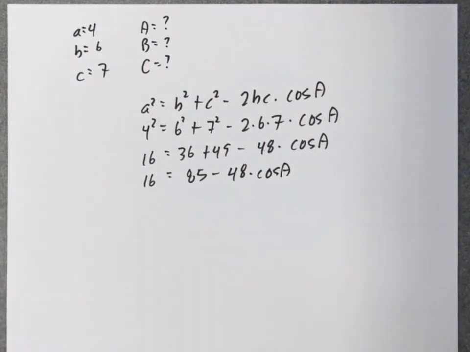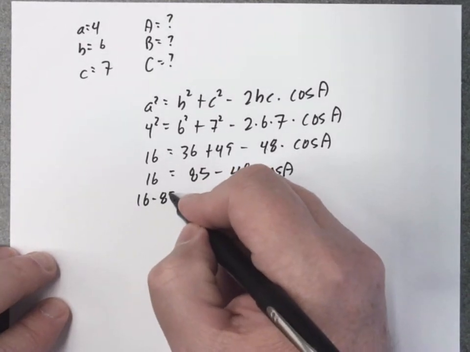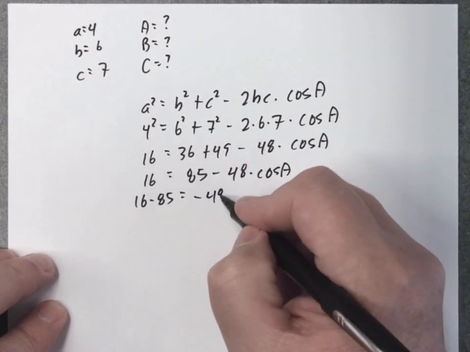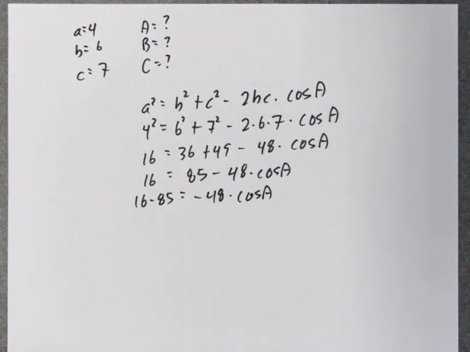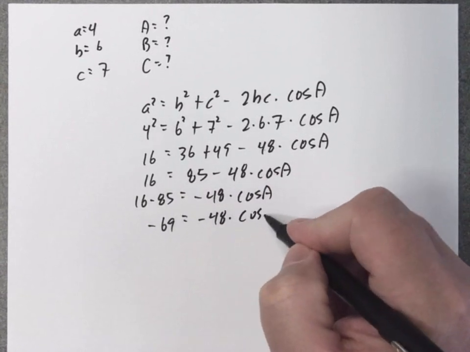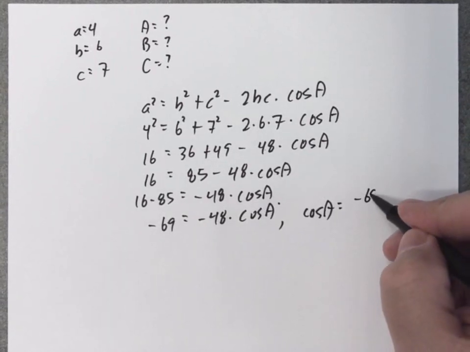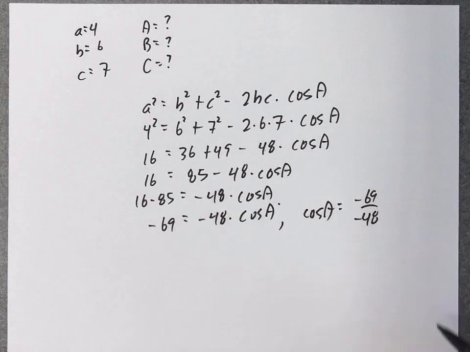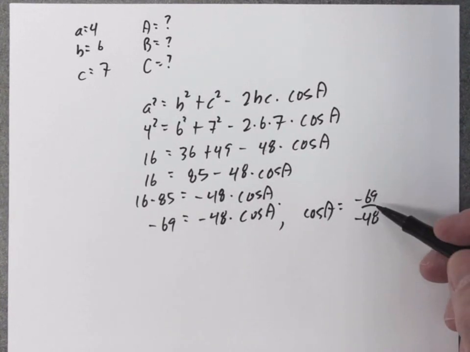Now subtract 85 from both sides. So 16 minus 85, negative 69. So now I solve for cosine of A. Negative 69 over negative 48. Now I'm going to check and make sure I didn't mess up.